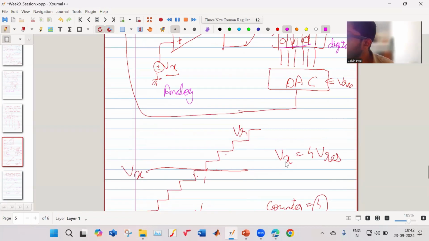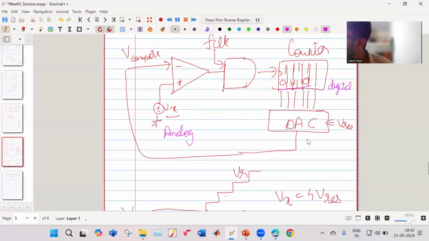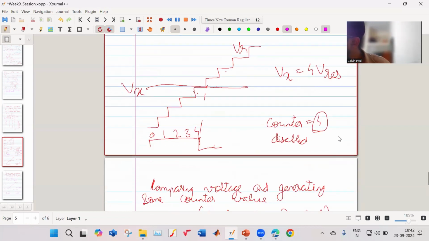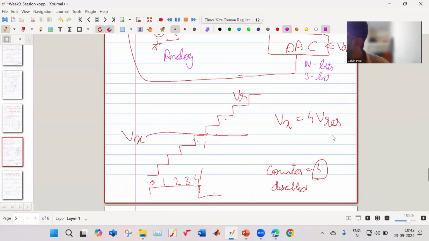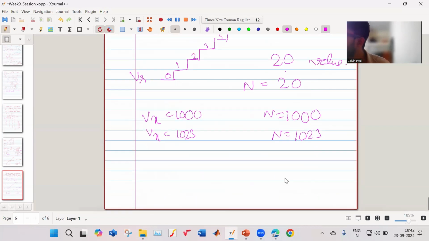Another thing I'd like to point out over here is this depends on the bits. How many bits are there? So this is a 3-bit DAC I consider, an example of a 3-bit DAC. A 3-bit DAC will count from 0 to 7. So if I have to count till 1023, then I require a 10-bit DAC. It requires 10 bits.